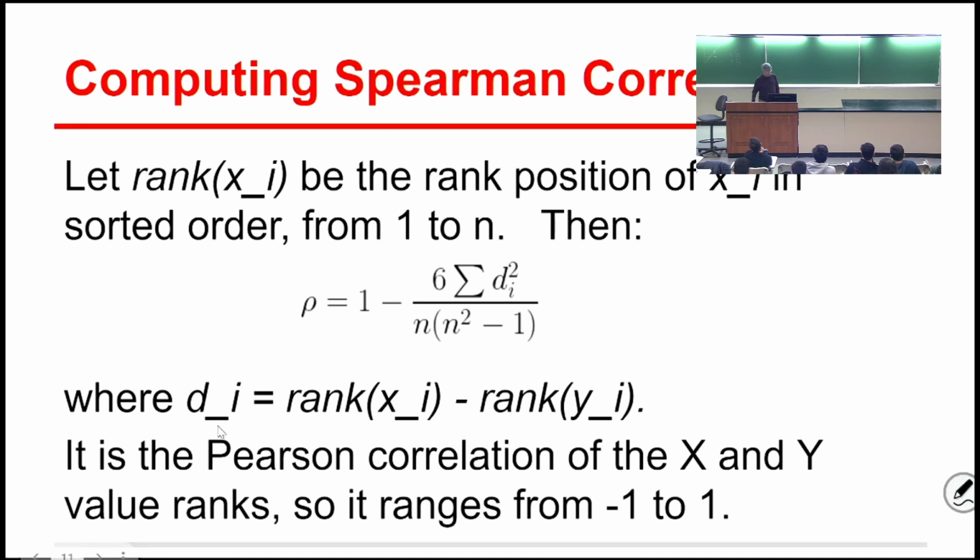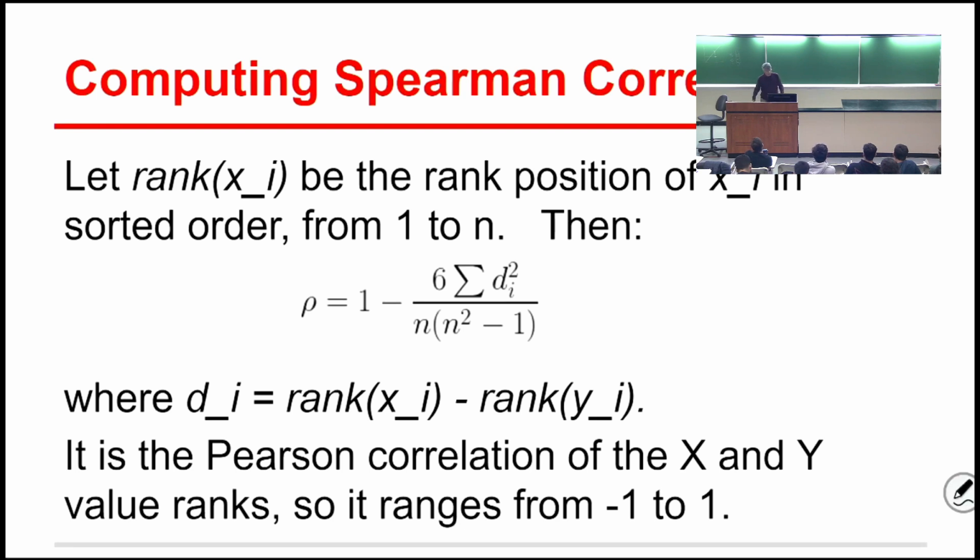Then you can compute the Spearman correlation in terms of the deviations in rank. What's the rank of x sub i minus the rank of y sub i? If the Spearman correlation is going to be high, if the x value is third among the n values, you would like to make the most pairs work with it, you'd like the y associated with that to be third among the y's.